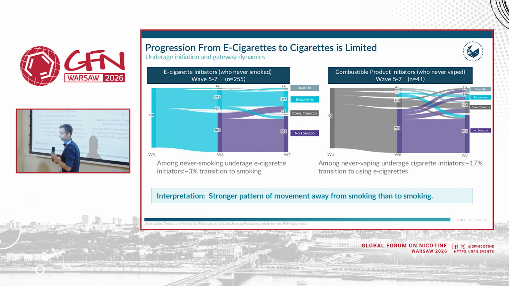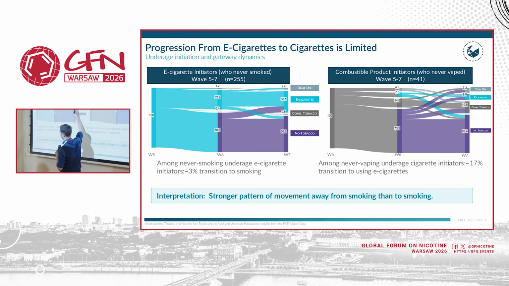Biggest changes are in the youngest ages, and most nicotine initiators will not use nicotine. Roughly 1/3 of them will keep using e-cigarettes, and just a little percent of them, 0.4, so that's 1 person out of 255, have become an exclusive cigarette user, and 1% were dual using e-cigarettes and cigarettes.